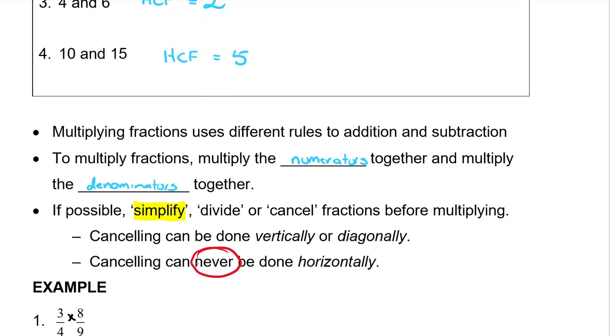So, while you will have your calculators to help you, you still will be required to show working out, to show that you've attempted to simplify things in order to get full marks. If you just do things on your calculator, you're going to lose a lot of working out marks. Okay, so the calculator is just a helper. It is not to do the whole question for you.